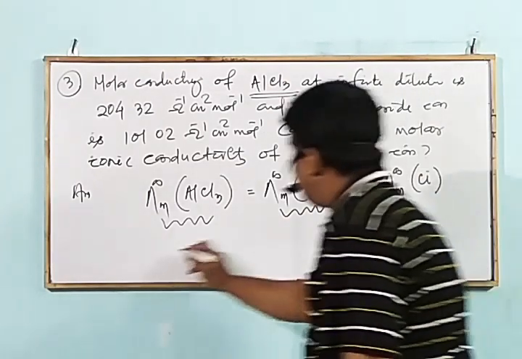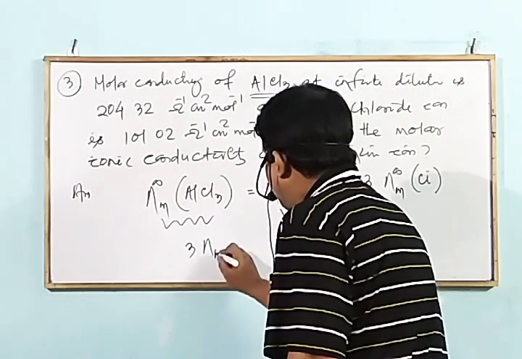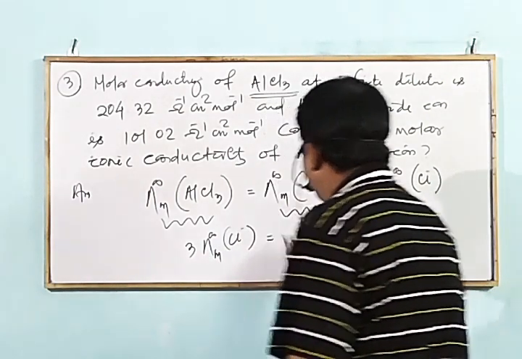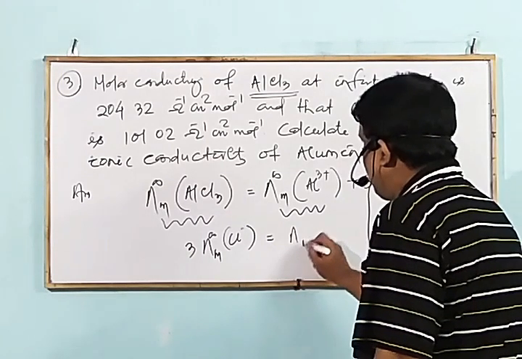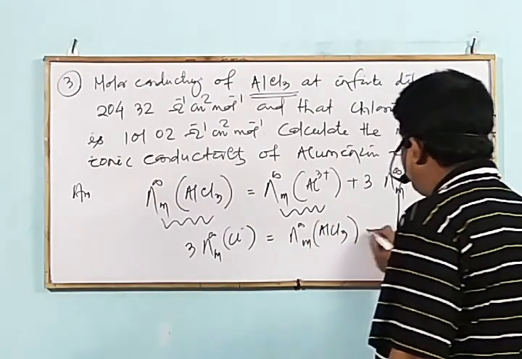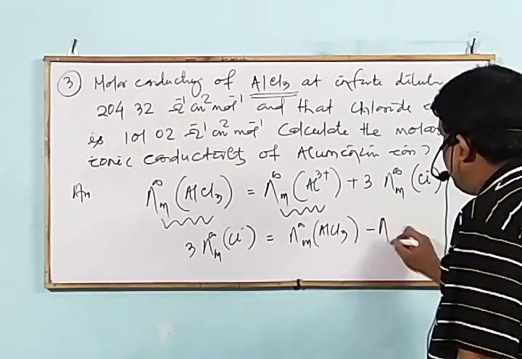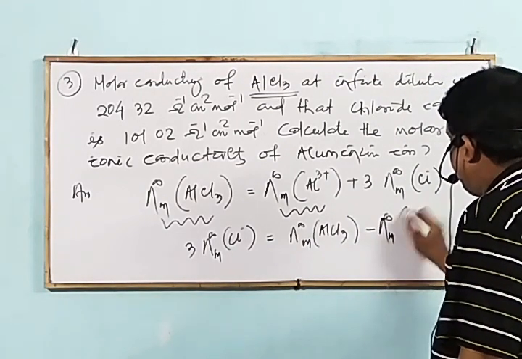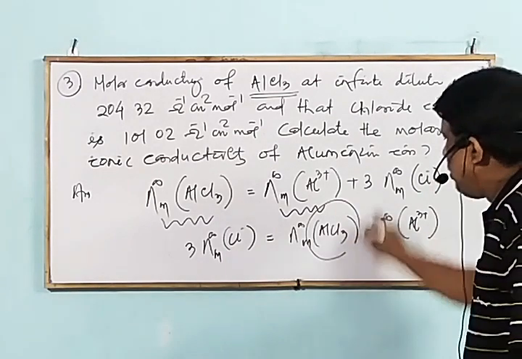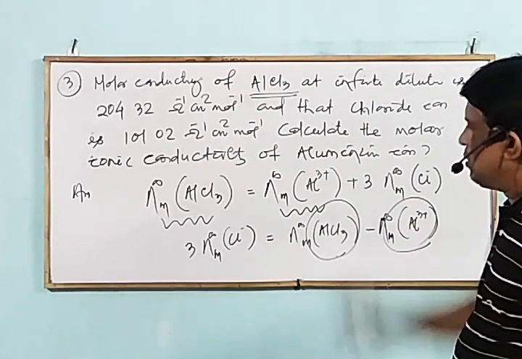So 3 times the molar ionic conductivity of chloride ion is equivalent to molar conductivity at infinite dilution of aluminum chloride minus molar ionic conductivity of aluminum ion. The values are given in the question.